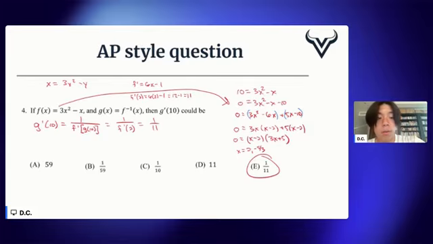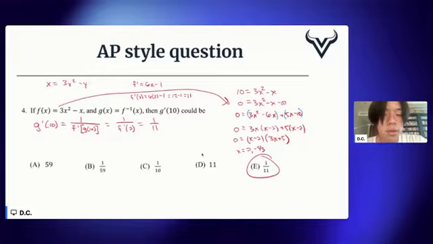Solving, x is either 2 or negative 5 over 3. Plugging in, the derivative of g at 10, which is 1 over the derivative of f at 2, is 1 over 11.